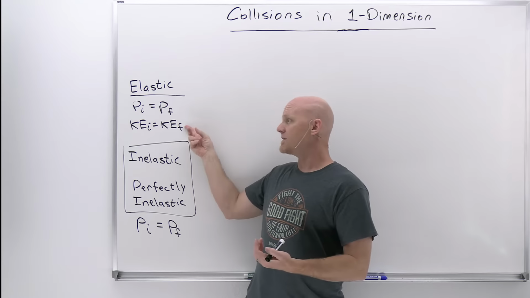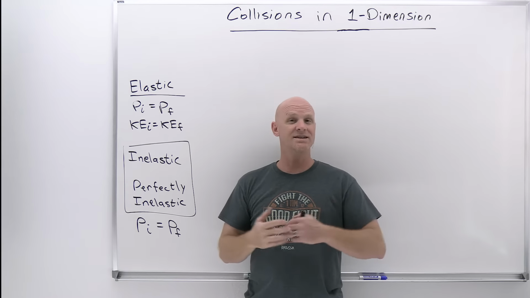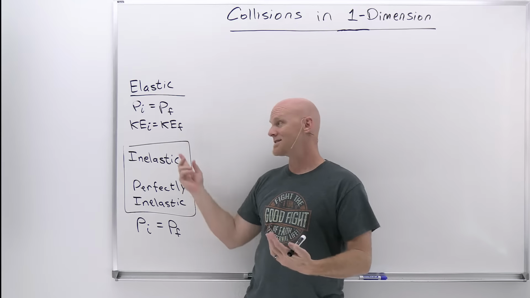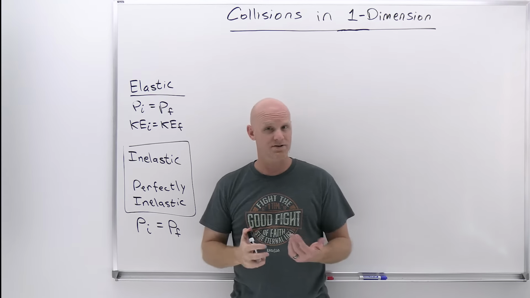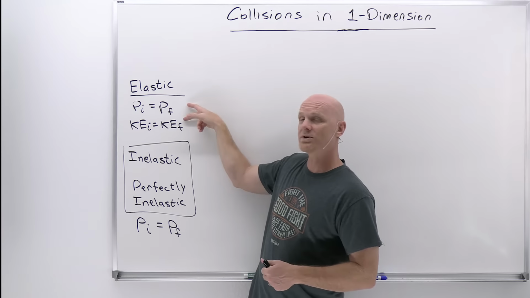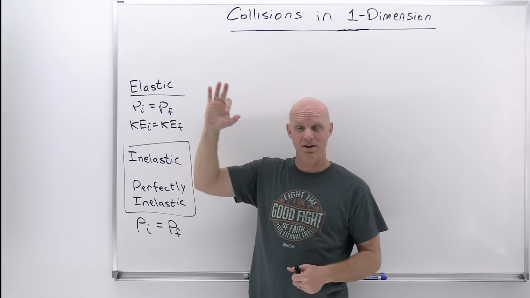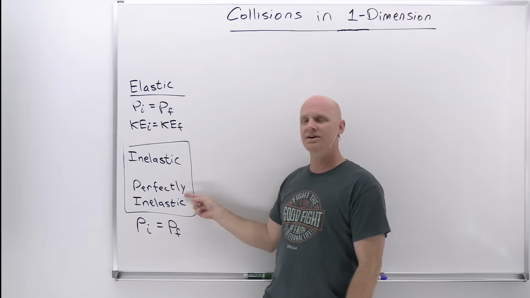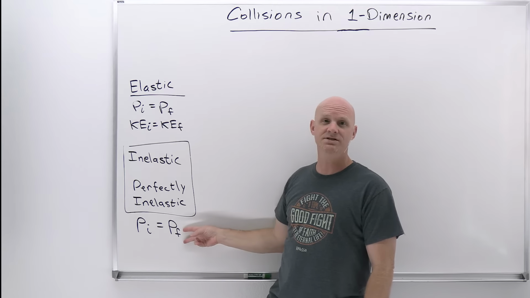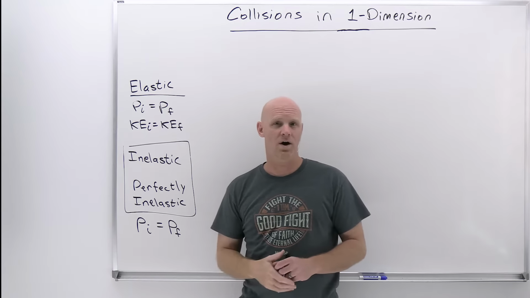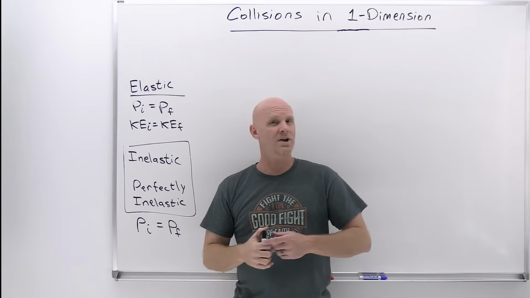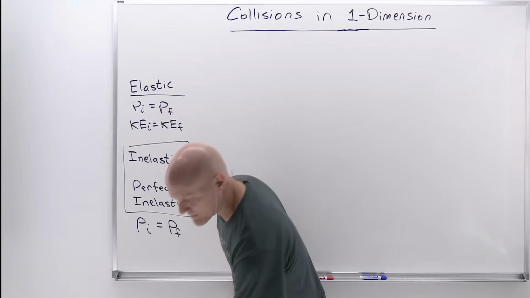What's nice is that kinetic energy is not a vector, and for elastic collisions you'll still have just the one kinetic energy conservation equation. So potentially instead of 2 equations for elastic collisions, you might end up with 3. And for inelastic and perfectly inelastic, you might end up with 2 equations instead of just 1, again breaking momentum up into x and y components. All right, let's learn how to do this in the context of some problems.